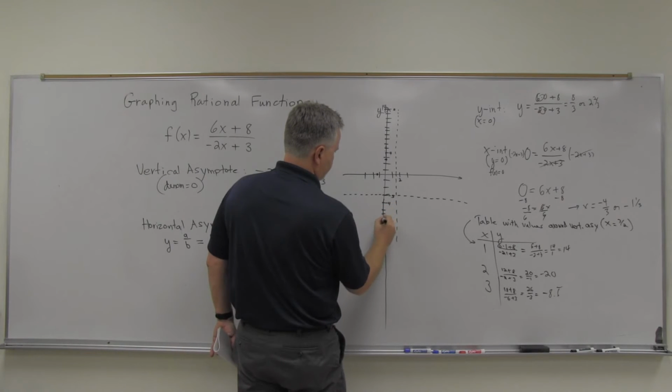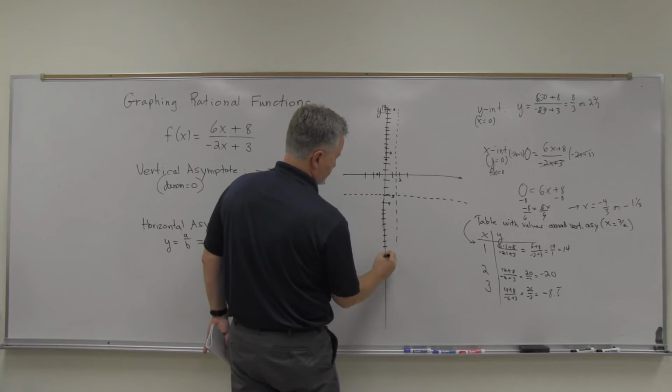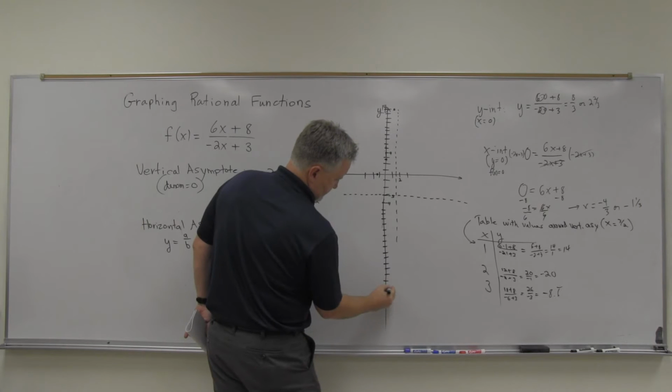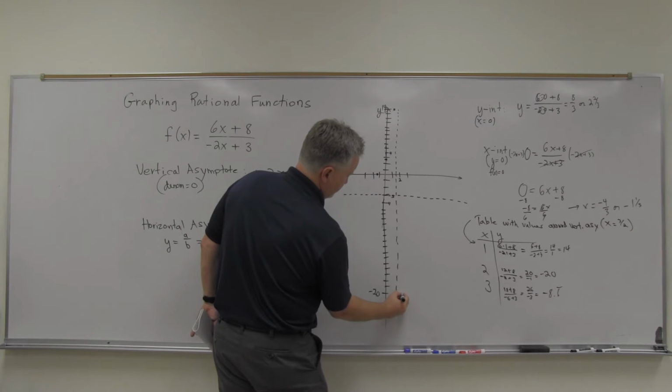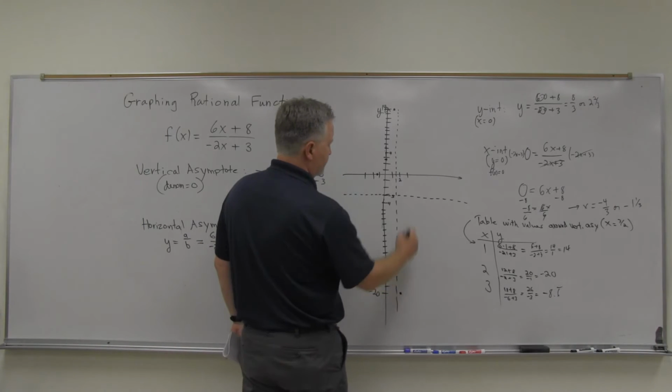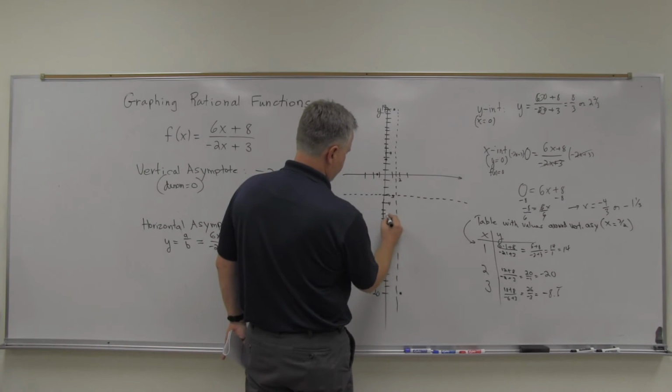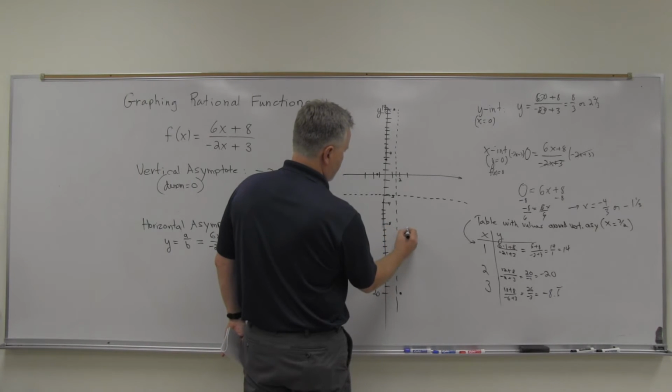So -4, 5, 6, 7, 8, 17, 18, 19, -20. There you are. So that's at 2, it's -20. And then 3 is not quite as far, it's only -8.6. So there's -8, I believe, and -8.6, we'll call it good right there.